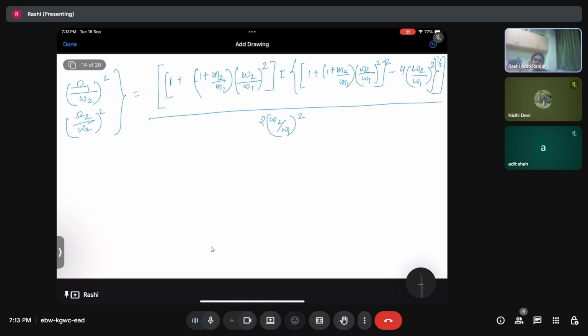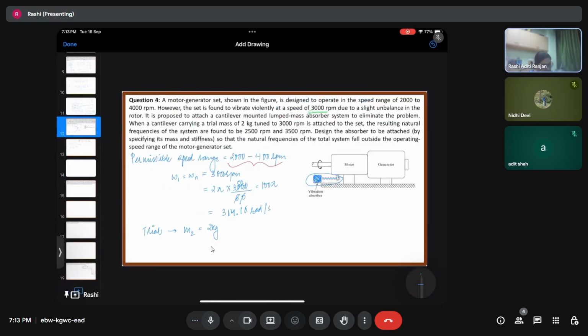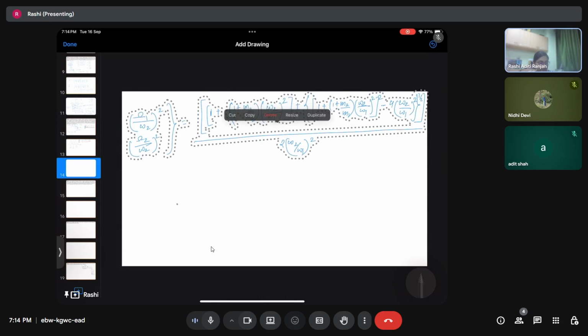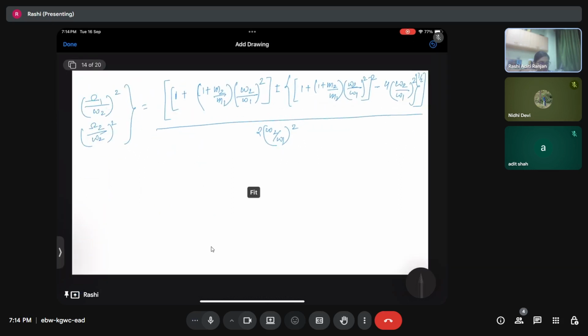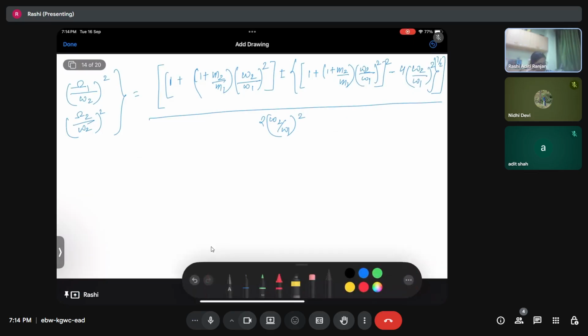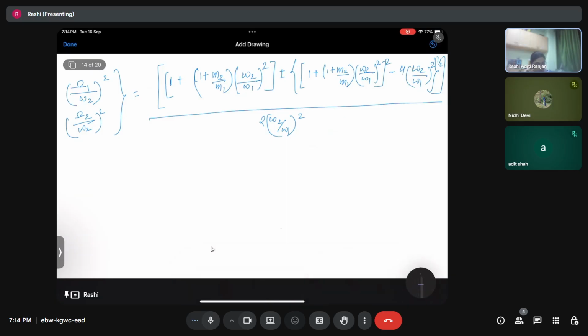Anyways, for this case, we have small omega 2 equal to omega 1, correct? Because it was written in the question that the 2 kg mass was tuned to 3000 rpm. So omega 2 is going to be equal to omega 1. In that case, this equation will turn out to be, let us say this is r1 square, this is r2 square.